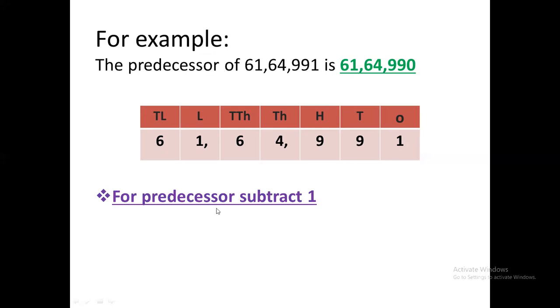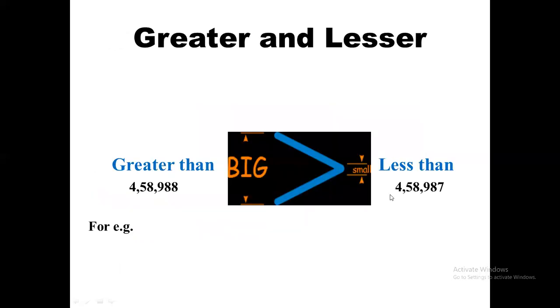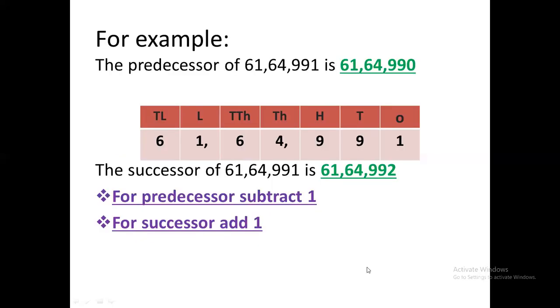Remember, for predecessor, you have to subtract 1. Next, we have successor, because successor means you have to achieve the next number in a row. So for successor, we have to add 1. If I ask you the successor of this number, add 1 and it will be 61,64,992. Before moving ahead, remember, for predecessor, subtract 1, and for successor, add 1.